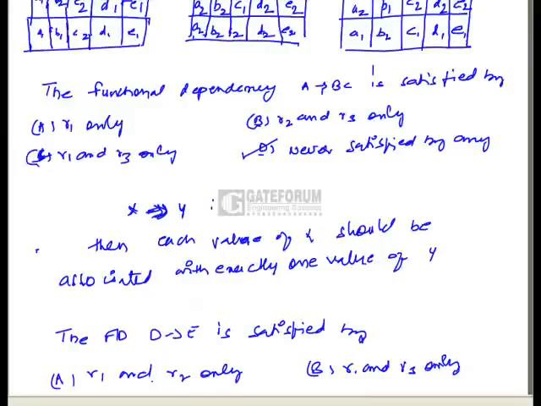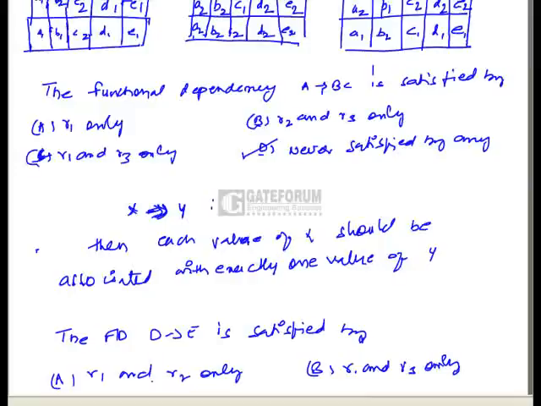Let us check with the second relation. If you see the first row, D2 is associated with E1. And if you see the second row, D2 is associated with E2. Hence, R2 will not satisfy the functional dependency D gives E. And if you see the third relation, here D2 is associated with E2, and the second row is also D2 associated with E2.